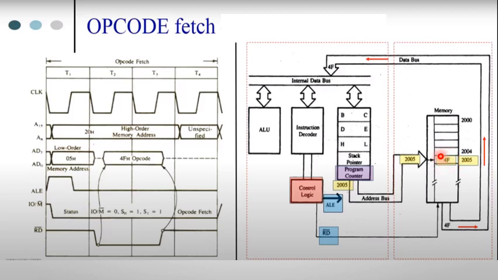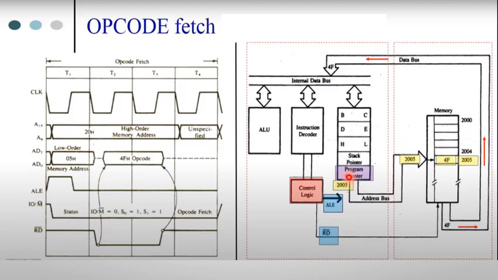This opcode will be sent to the microprocessor through the data bus. Then, after getting this opcode, it will be given to the instruction decoder, and the instruction decoder will decode the instruction. This is the flow for any instruction.